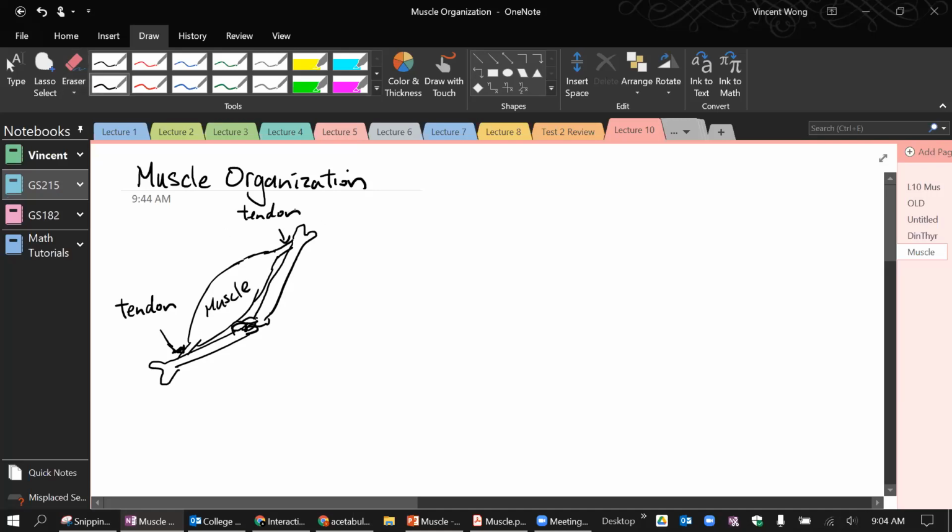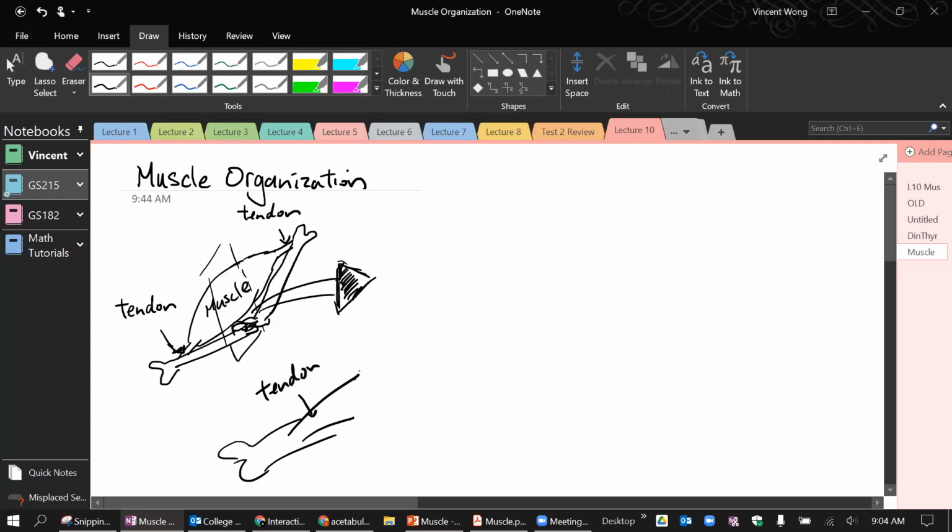So what we're going to do now is maybe cut the muscle up, and we're going to zoom in and see what it looks like. So there's a bone again, there's the tendon, and then we're going to open up the muscle.